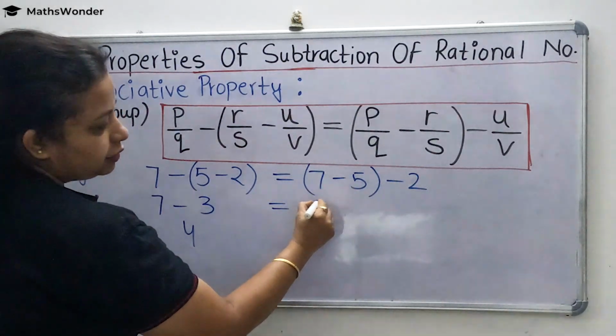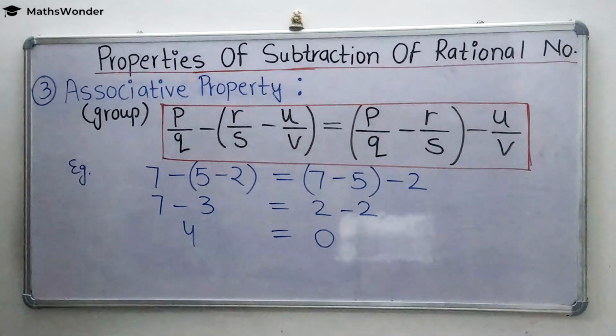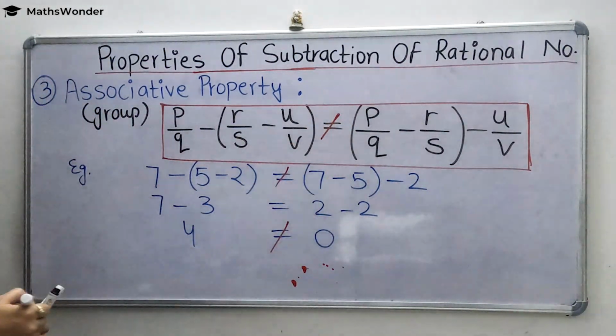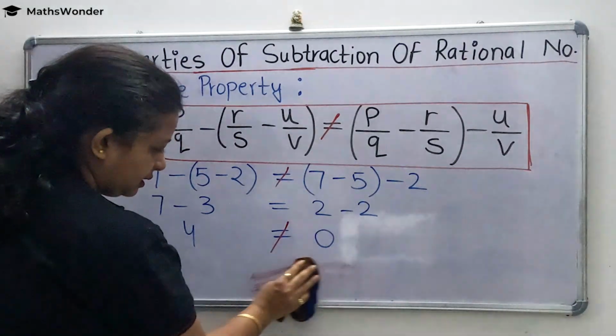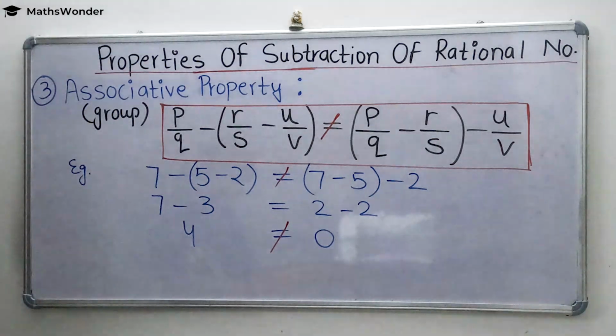Here it is 2 minus 2, which is 0. So you can see here the answer is totally different. So this also does not work in the subtraction property. This will not work in natural numbers, integers, rational numbers, not for any numbers, okay?